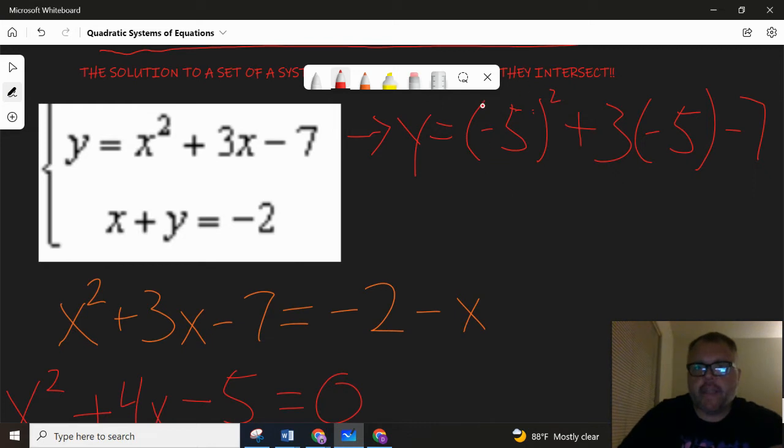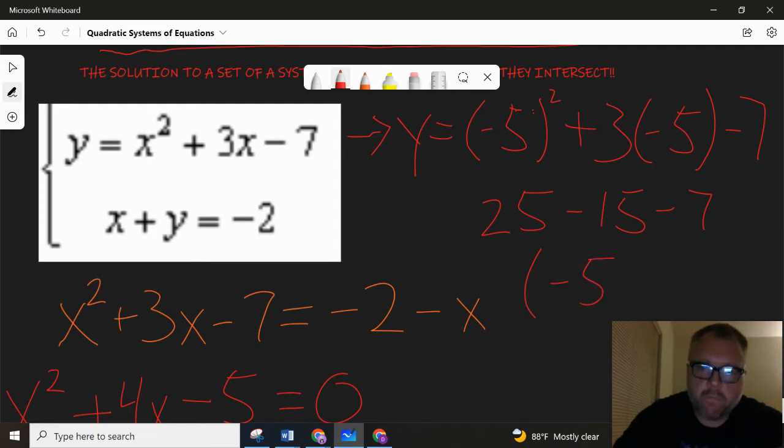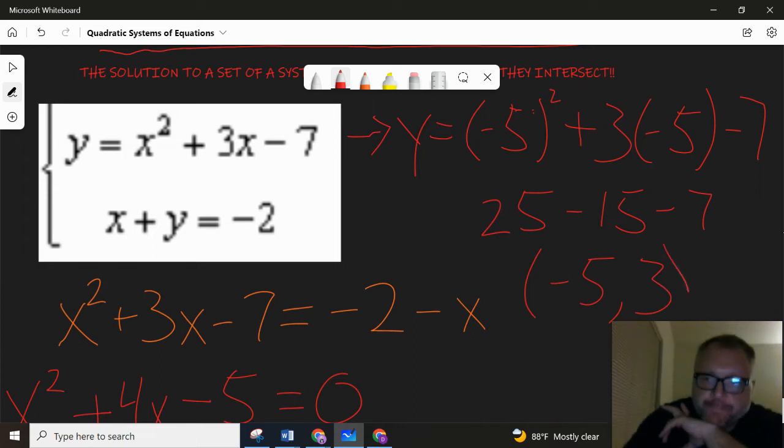It's not reading very well. Okay, so you got your negative 5 squared, positive 25, minus 15, minus 7. 25 minus 15, right? So we got 10 minus 7. So when x equals negative 5, then y equals 10 minus 7, all right, which is 3. Okay, all right, so that's one solution.